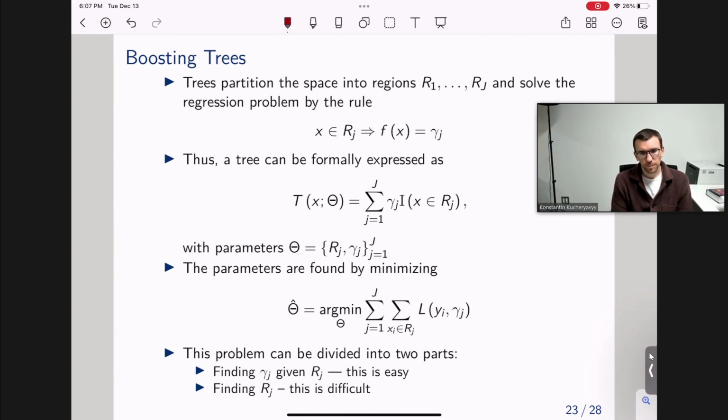So again, a little bit of the motivation behind gradient boosting.